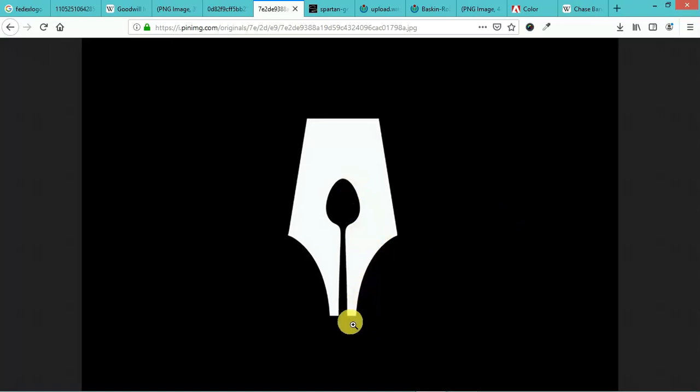And this part would be the part that you dip in the inkwell and write. But hidden in here is a spoon. So really simple, only two shapes, just the nib and the spoon put together. I think that's a very clever idea. So, Food Writers Guild of America.